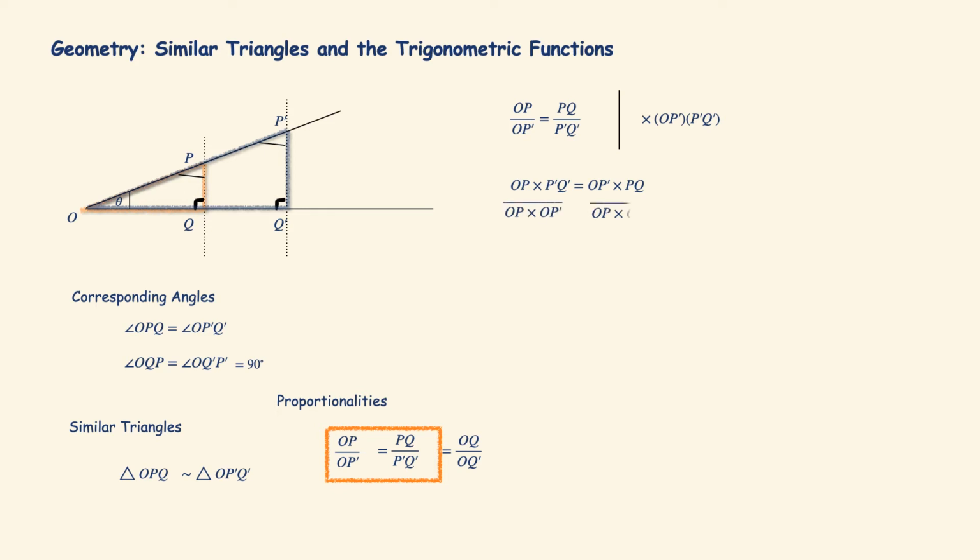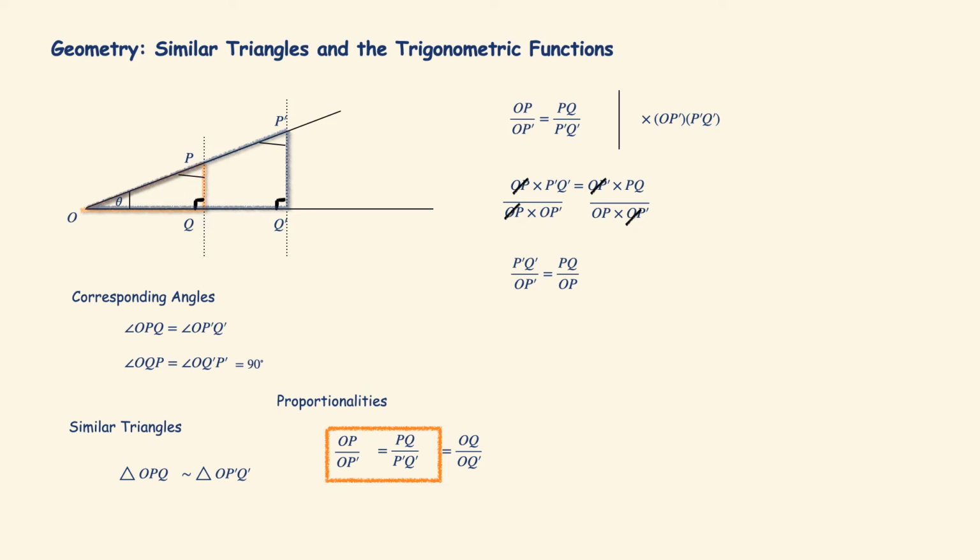Now I can divide both sides of this equation by the common denominator OP and OP prime and cancel some terms. On the left hand side, OP will cancel. On the right hand side, OP prime will cancel. So what I effectively did is using algebraic rules to rearrange the terms.